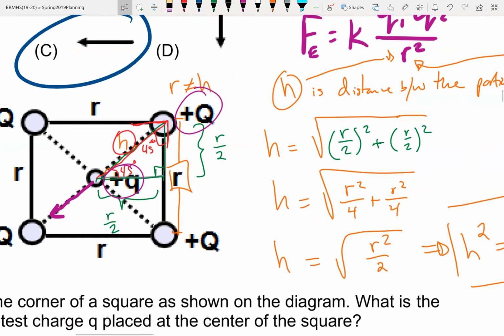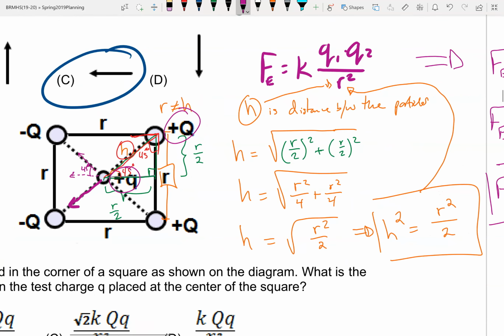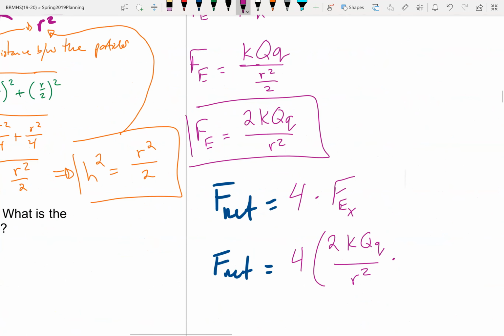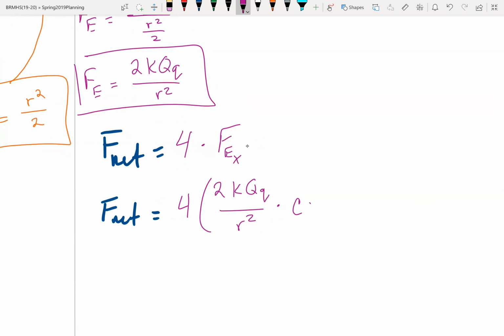The x component is going to be the part that's just right here. I have an angle of 45 degrees. So my x component is going to be the full force times the cosine of 45 degrees. Or the sine, it really doesn't matter, because it's isosceles.